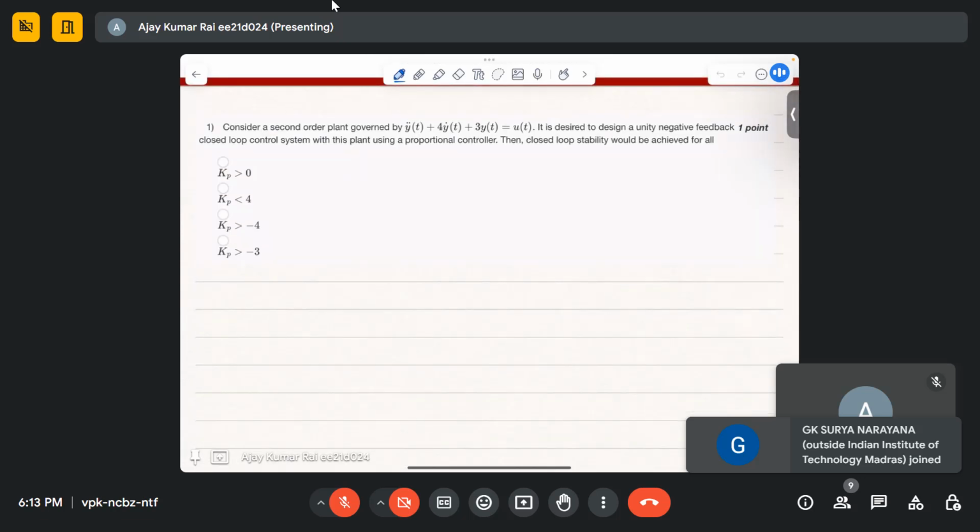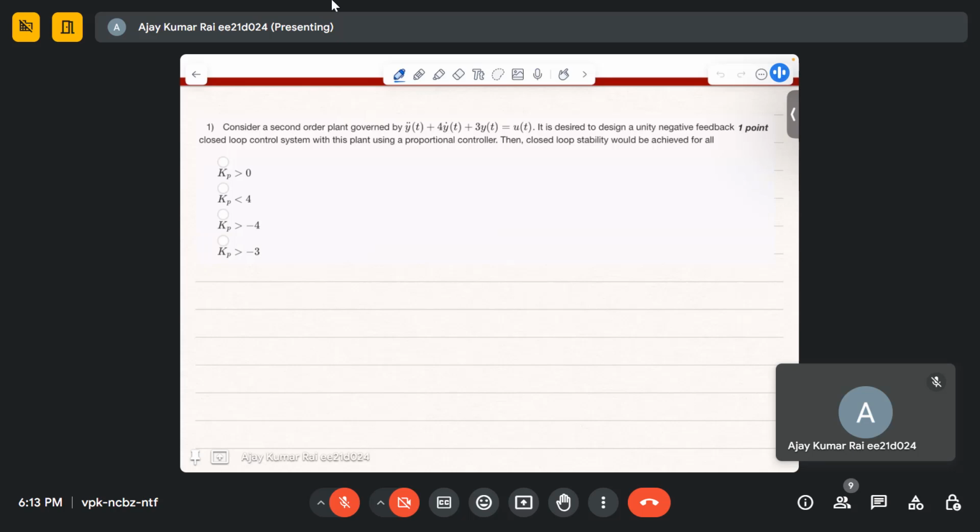These are the questions that were in the assignments for the last group. Let me read the question. Consider a second order plant governed by this equation. It is desired to design a unity negative feedback closed loop control system with this plant using a proportional controller, C(s) equal to Kp.